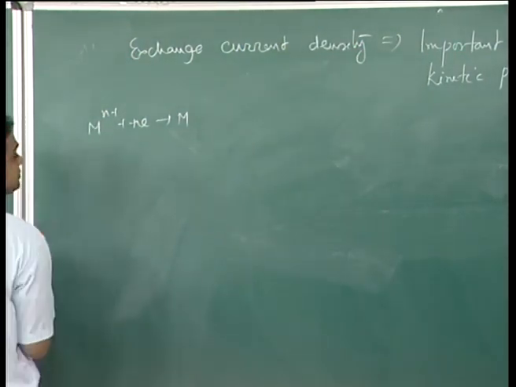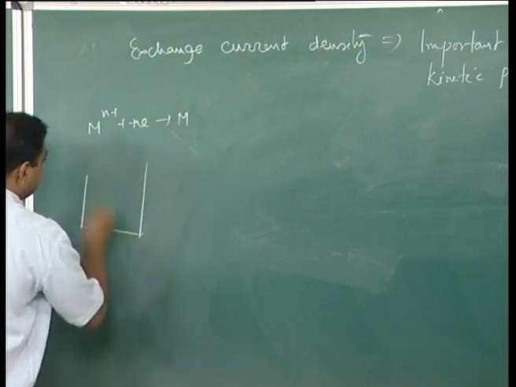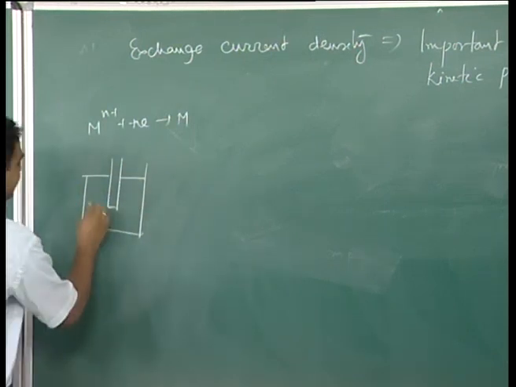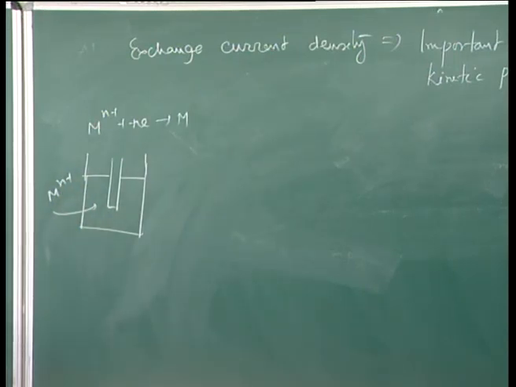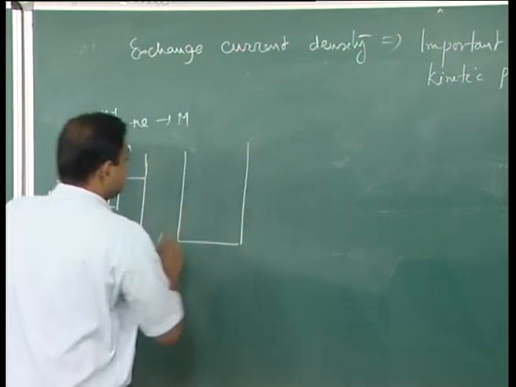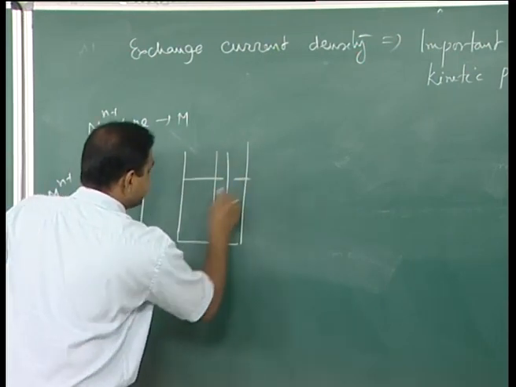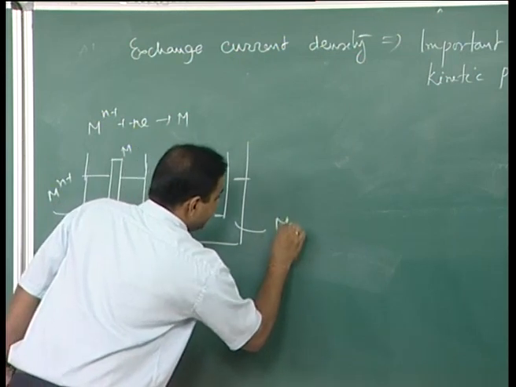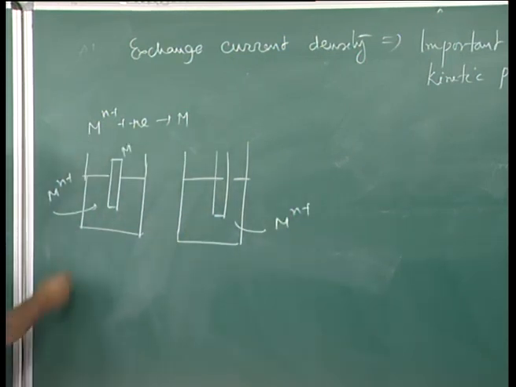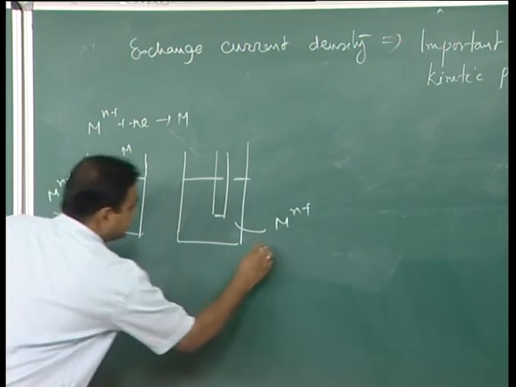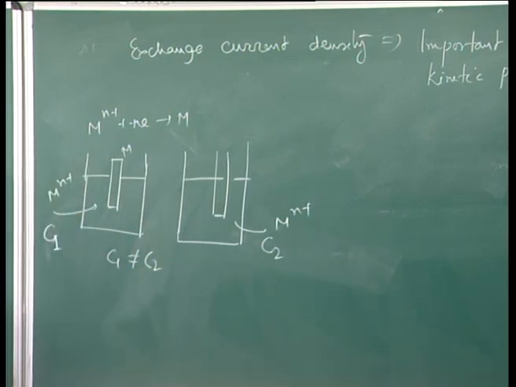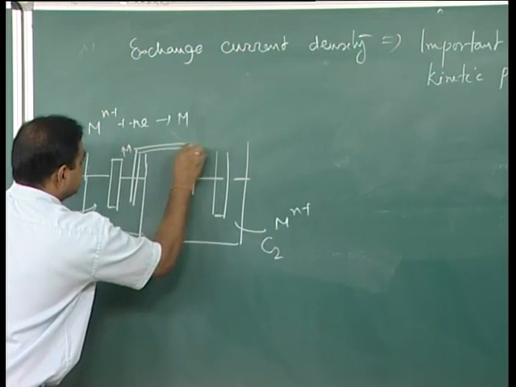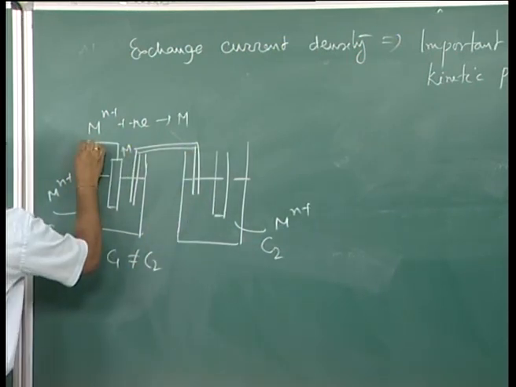Now, you can have a concentration cell where you have the same metal dipped in a solution of M^n+ ion. Now, you create another cell where you dip the same metal into another solution where you are maintaining the metal ion M^n+, and now here the concentration is C1 and here the concentration is C2, and C1 is not equal to C2.